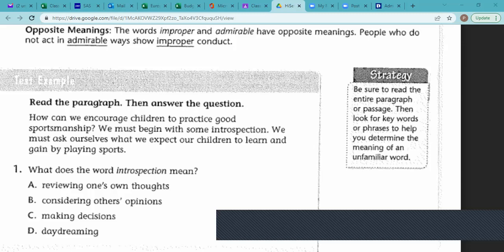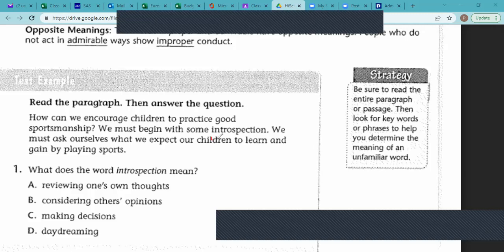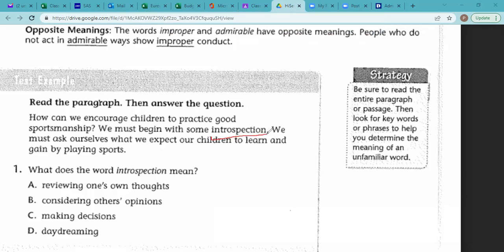So some of these definitions, you can actually put some of those words in place of introspection. So let's try daydreaming. All right. Let's try to put that in there in place of introspection. And we must begin with some daydreaming. We must ask ourselves what we expect our children to learn.